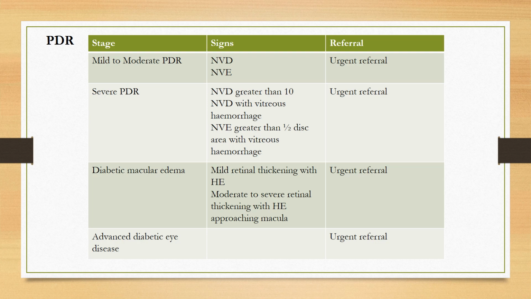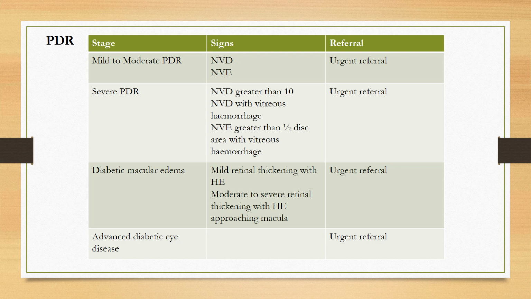If you are an optometrist, you are supposed to refer to a retina specialist urgently. Okay, so your referral should be an immediate referral, and in case of severe PDR, whenever you see PDR, you are supposed to make an immediate referral.